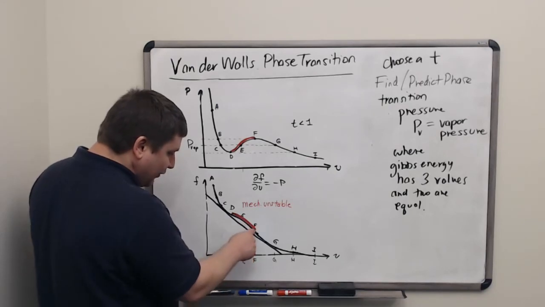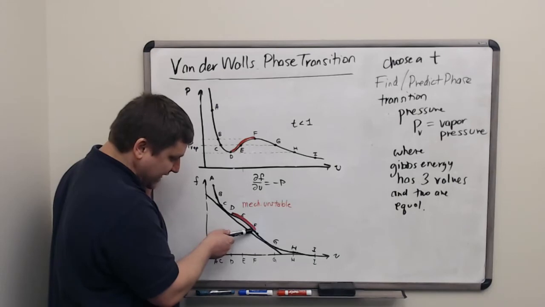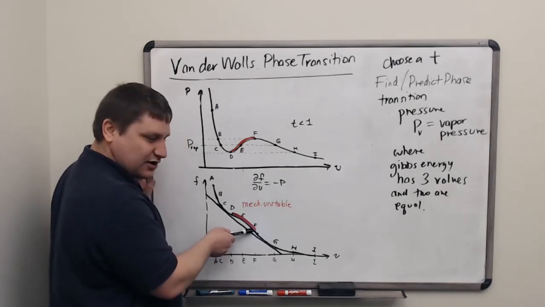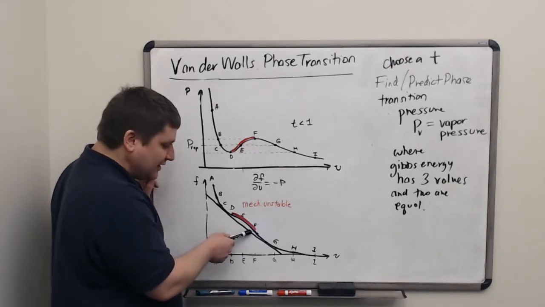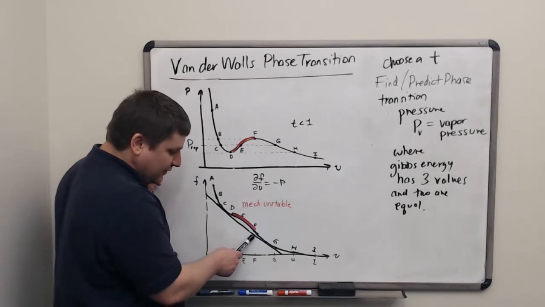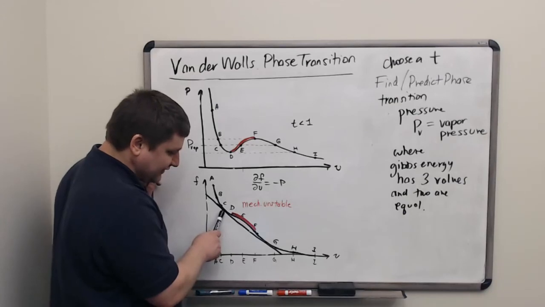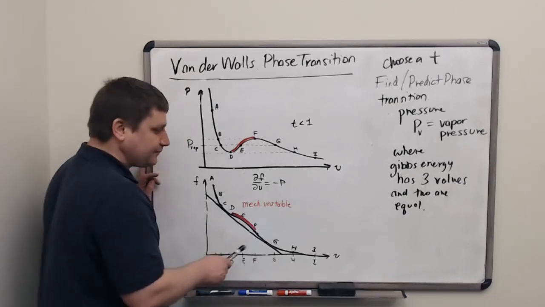And so if I'm sitting at a Helmholtz free energy at location F, it turns out that I could achieve a lower Helmholtz energy by, instead of being a homogeneous substance at location F, splitting up into a mixture of 2 pieces with a Helmholtz free energy of one at location G and the other at location C. That would lower my Helmholtz energy to this straight line.